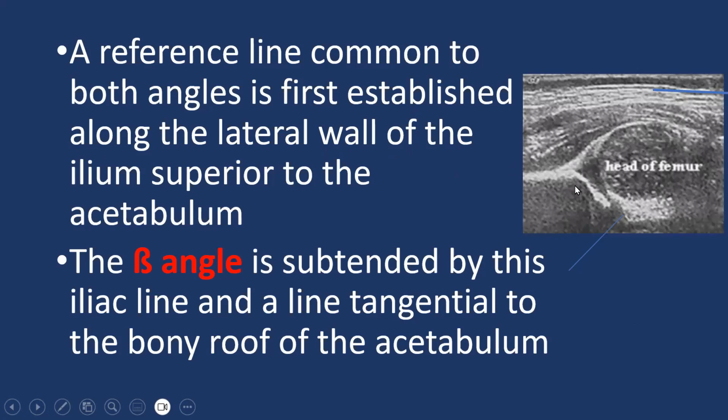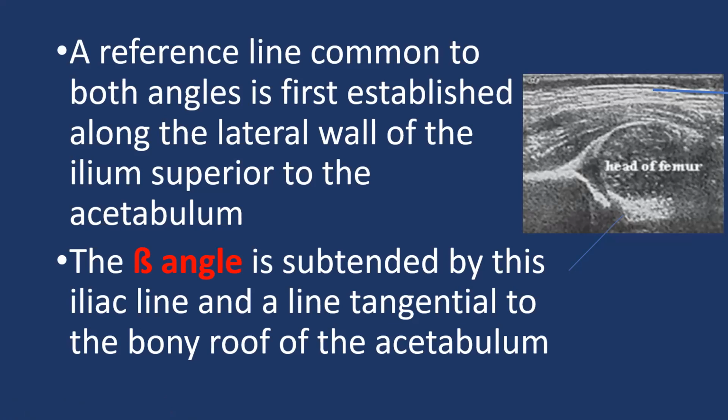There are two angles. One is called the beta and the other is called the alpha. The beta angle is subtended by the iliac line and a line tangential to the bony roof of the acetabulum. You do it in the coronal plane, so you have the upper line, the bony roof.